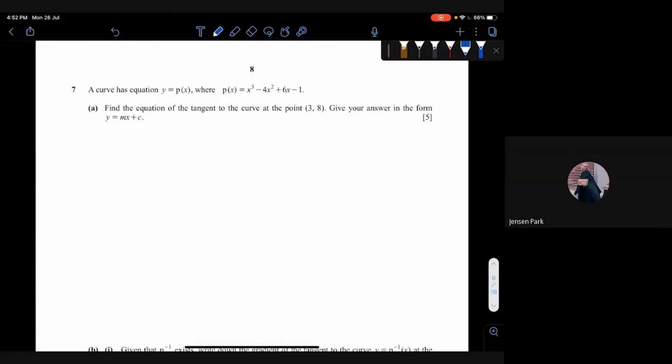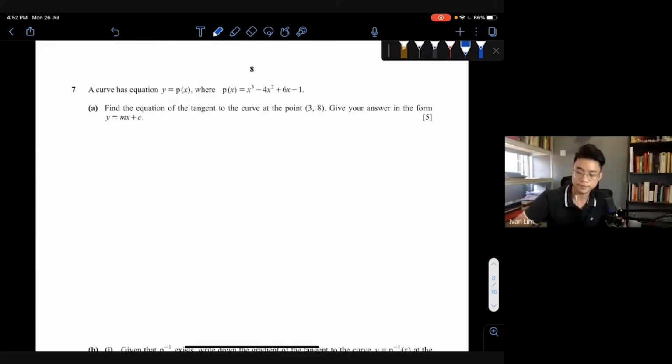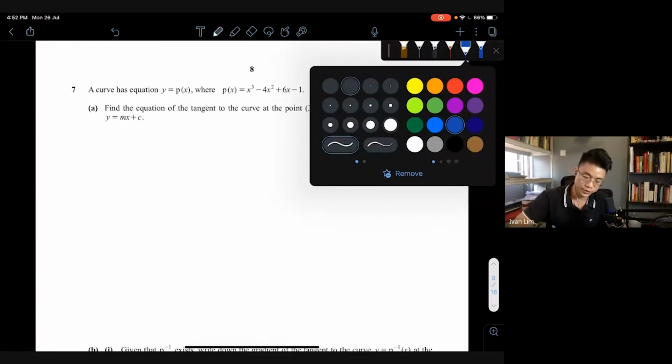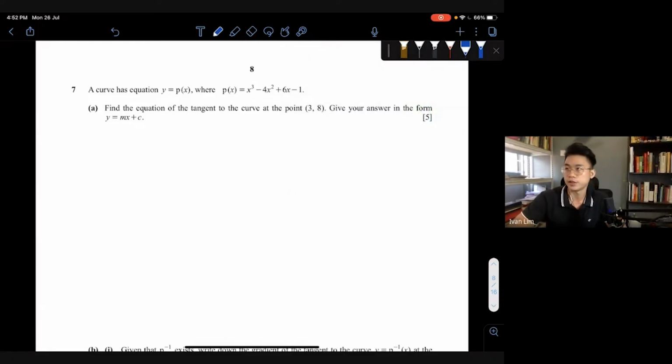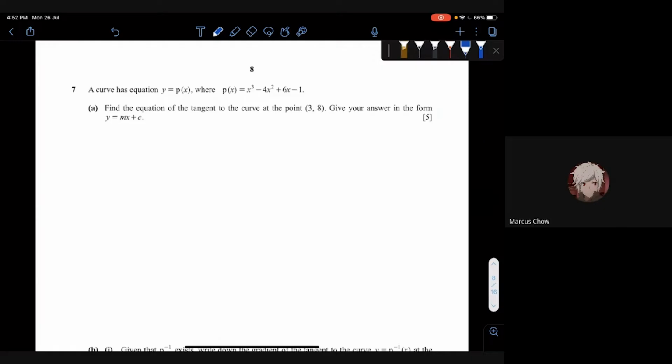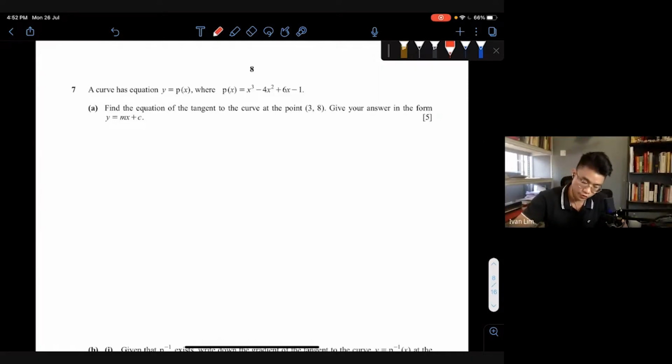First step is to differentiate your y to find dy over dx. Why do we differentiate? So you can find the gradient. You want to sub in and then find the gradient. Imagine you've got this cubic and you want to find the tangent.